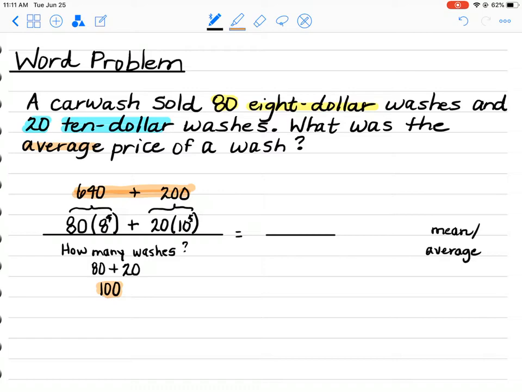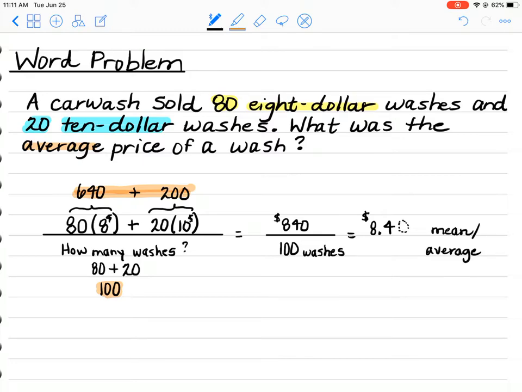So 640 plus 200 is $840. This is dollars, divided by 100 washes. And when you do that on your calculator, it will spit out 8.4. Give it a 0 to make $8.40 per wash.